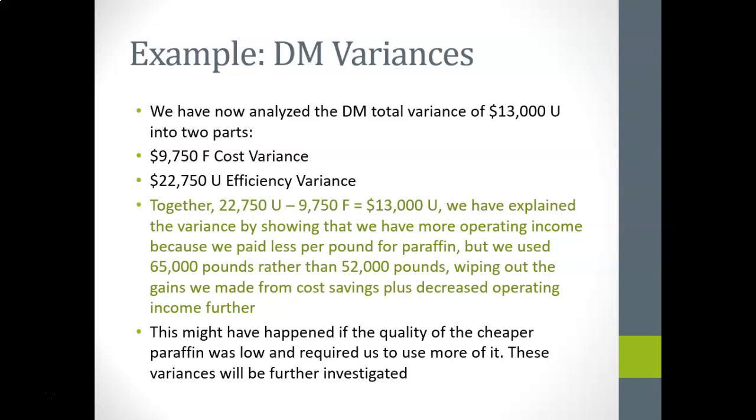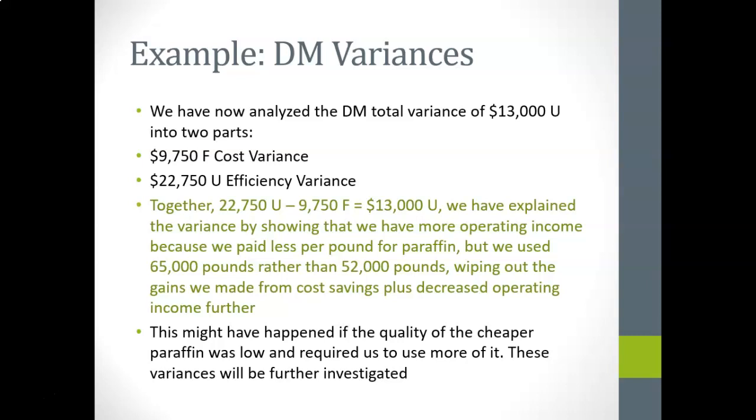If they don't combine to 13,000 unfavorable, then we did something wrong. Okay? Now, if we have two favorables, we're going to add those. If we have two unfavorables, we will add them. But if we have one favorable and one unfavorable, then we will subtract.